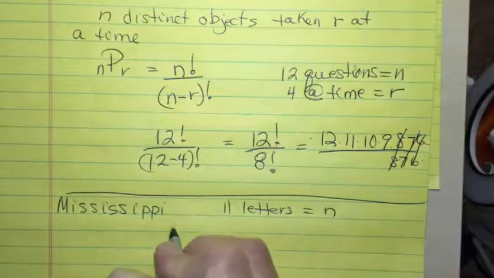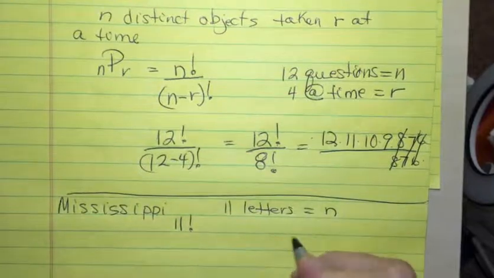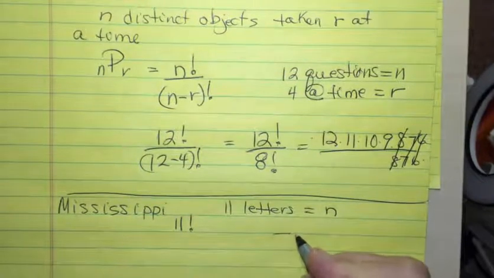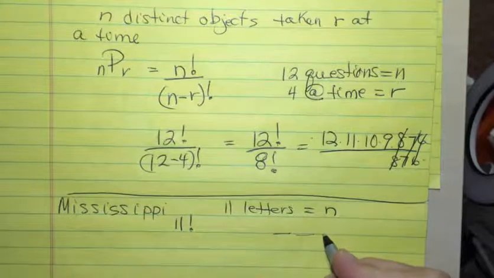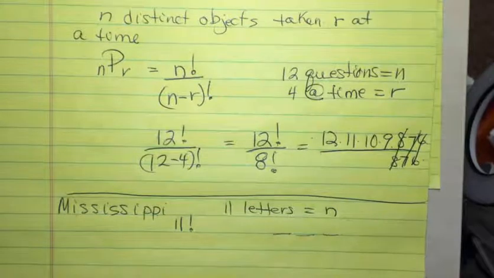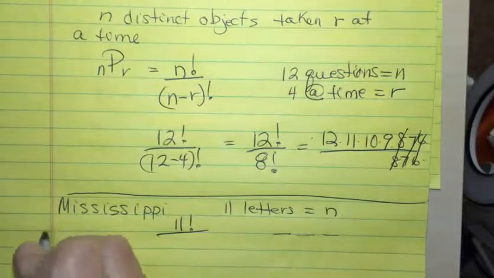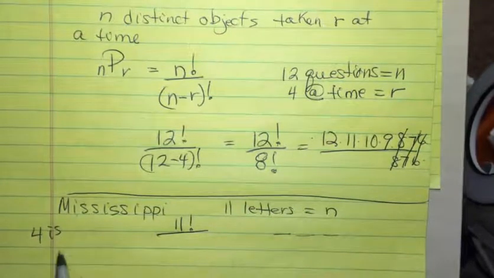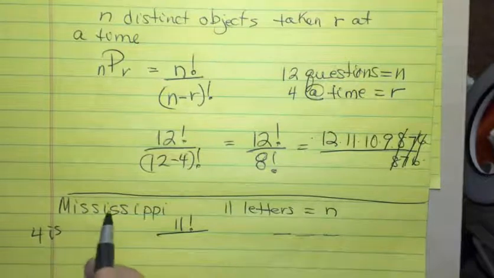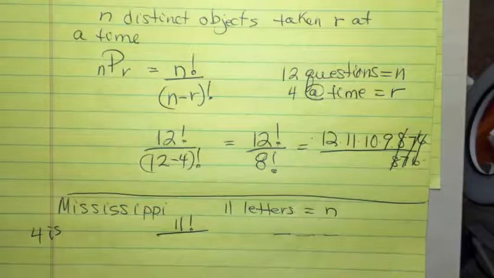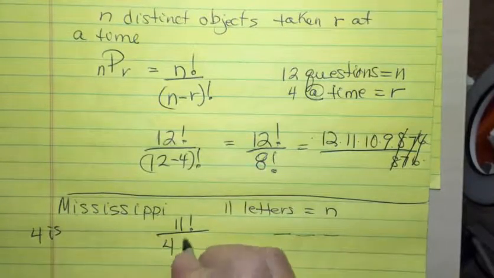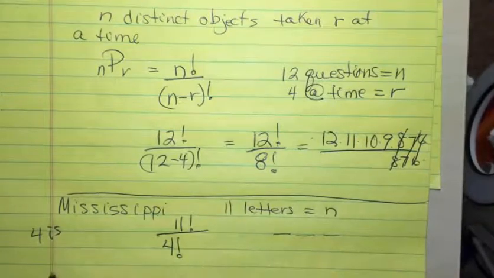So we have 11 factorial, because there are 11 ways to have the first letter, 10 ways to do the second, 9, 8, because we have 11 and we're choosing 11, so it's just 11 factorial. However, we have these repeats, so we need to divide by those repeats. There happen to be 4 I's, so we have arrangements where those 4 I's are just flipping order, but it's the same word. So we're going to divide that by 4 factorial, and that is for my I's.